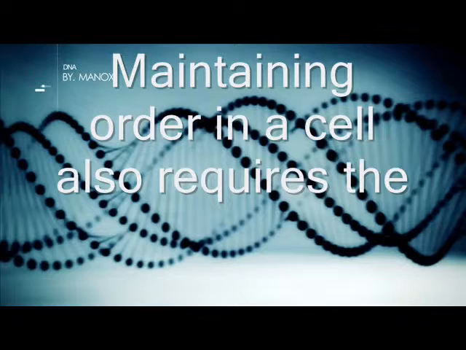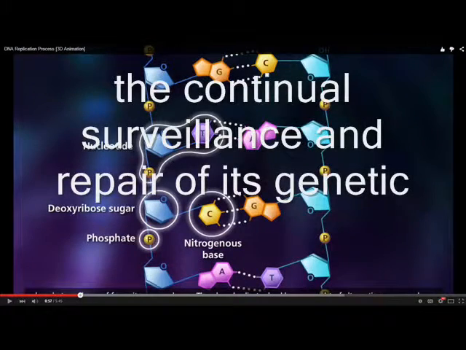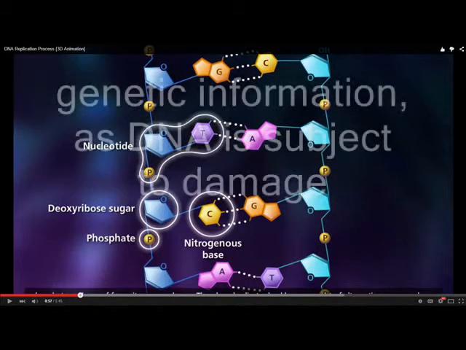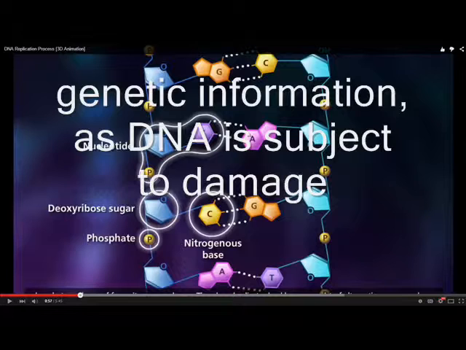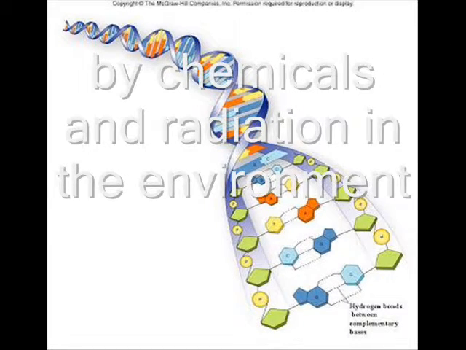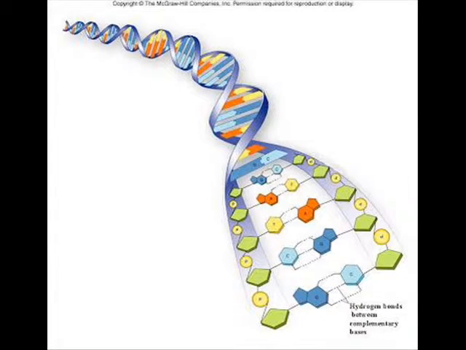Maintaining order in a cell also requires the continual surveillance and repair of its genetic information, as DNA is subject to damage by chemicals and radiation in the environment.